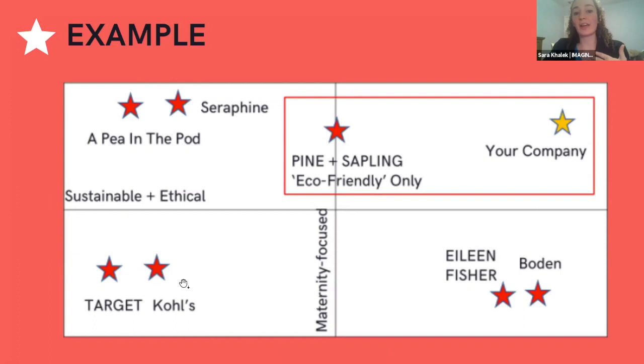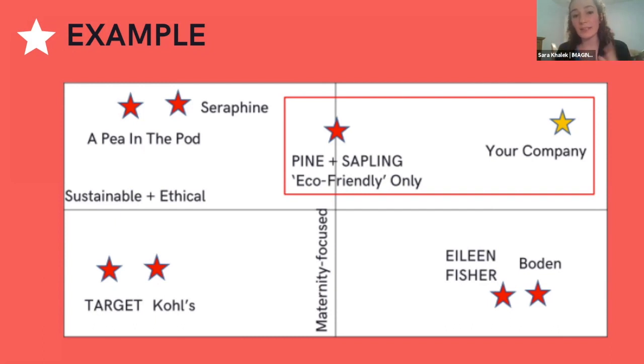Maybe we look at companies that have all types of clothing for everyone, and they're not sustainable and ethical. Maybe it's Target and Kohl's. And then companies that are not maternity focused, but they are highly sustainable and ethical would be Eileen Fisher and Bowden. And then I look at really my segment and I see here highly sustainable and ethical, maternity focused. That's an opportunity area, my company.